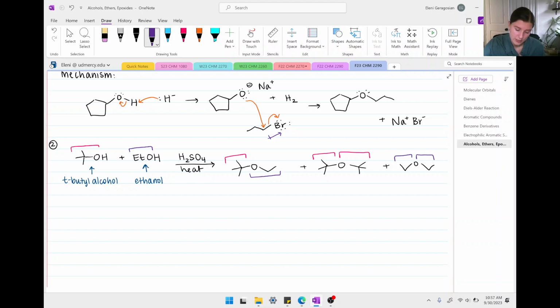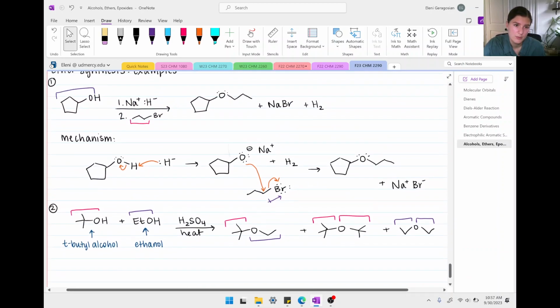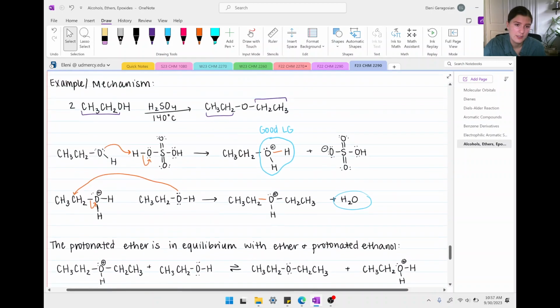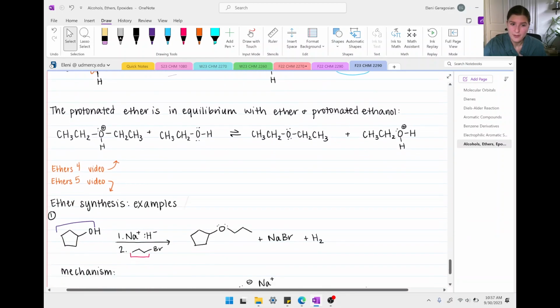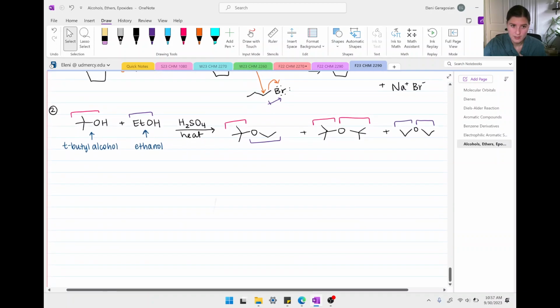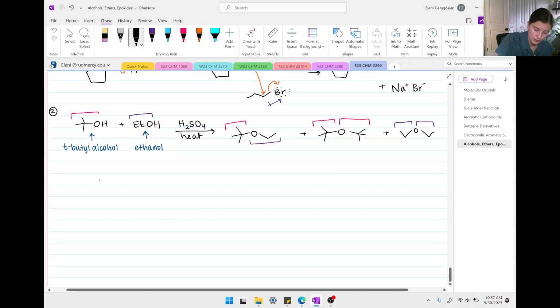In this reaction, actually, let's go back to the mechanism for alcohol dehydration. Remember we formed this good leaving group that's circled in blue here, and that leaves, and we create a new bond with the second alcohol. When we have tert-butyl alcohol, like we do down here, let's draw just real quick this protonated alcohol. So we have a good leaving group.